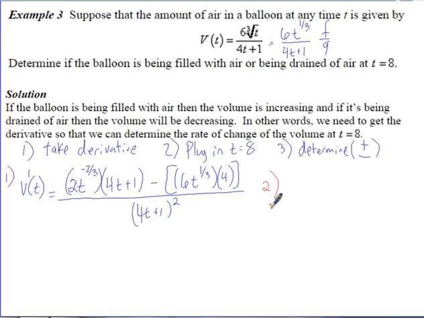So this is where it's interesting. Does everybody know how to put a fraction into a calculator? Alpha y equals. Do it that way. Make sure it's a fraction. Do not try and sit there with a bunch of parentheses and division. So make it look exactly like this. 2 times 8 to the negative 2/3, times 4 times 8 plus 1, minus 6 times 8 to the 1/3 times 4.